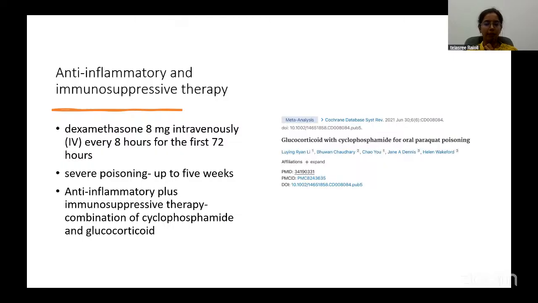But people keep using anti-inflammatory and immunosuppressive therapy because there is a study comparing hemoperfusion plus hemodialysis alone with a group receiving concurrent hemoperfusion plus hemodialysis with other therapies. They showed that with the other therapy combination, there is a mortality benefit. That is the reason they usually give a combination. But independently, this meta-analysis is not showing any benefit.